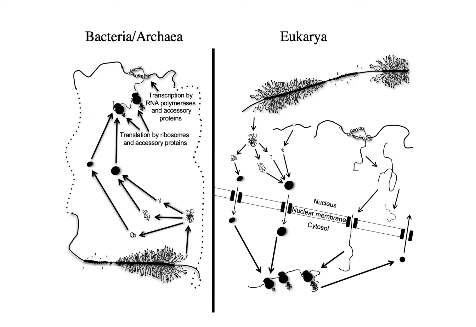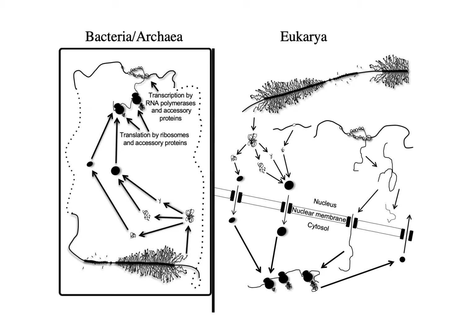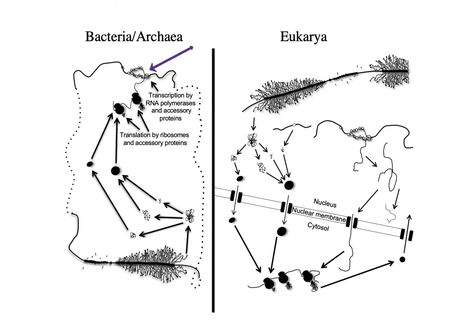In bacteria and archaea, both transcription and translation occur in the same compartment. So you have transcription by RNA polymerases up here for standard genes, most of the genes.